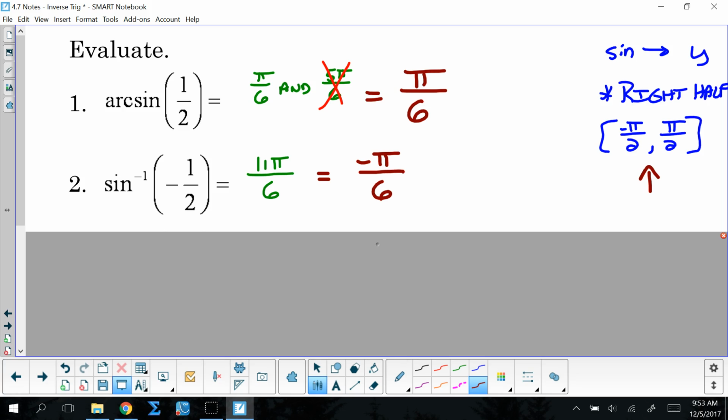I gotta be in that negative pi over 2 to positive pi over 2 range. 11 pi over 6, yes, that's the angle, but it's not in that range. Gotta be negative pi over 6. They mean the exact same thing. One's right, one's wrong, even though you're talking about the exact same thing.